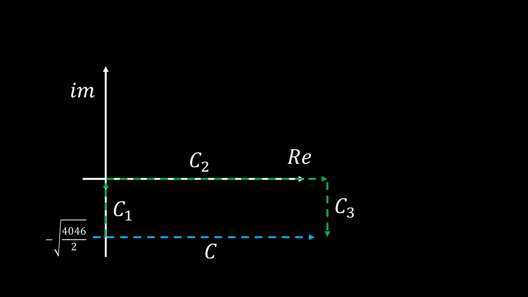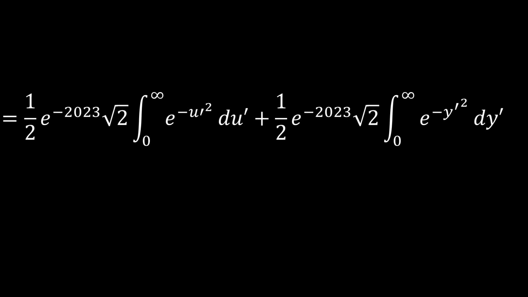But c3 in terms of magnitude is just the same as negative c1. So those two integrals cancel each other, and the effective integral really just remains as c2. It's the same as just integrating on the real axis from 0 to infinity. And so we've reduced our integral that way.